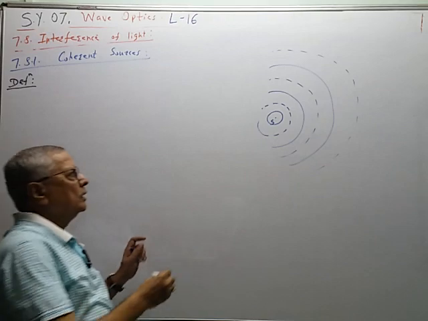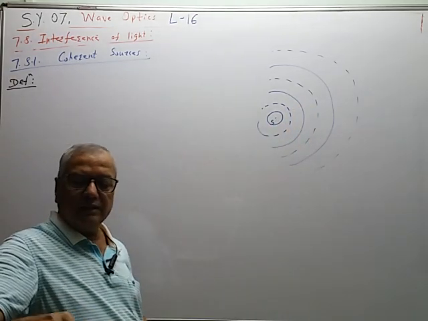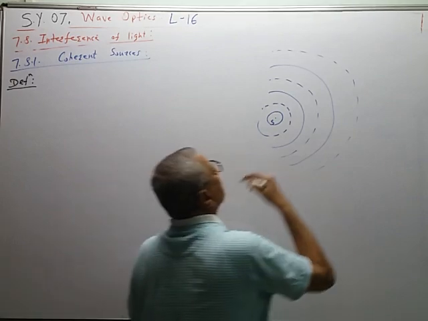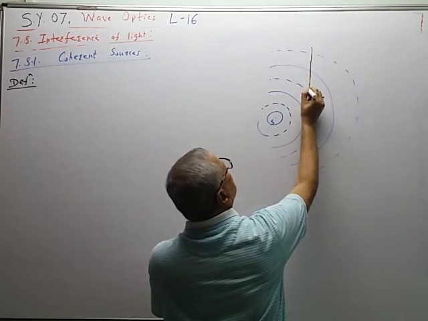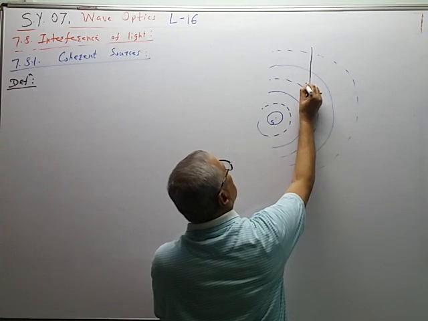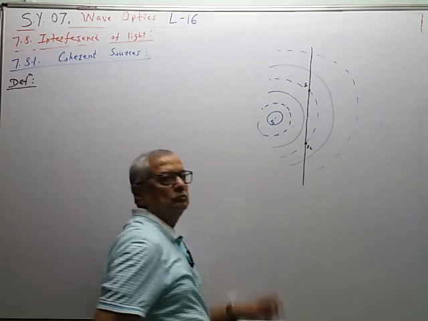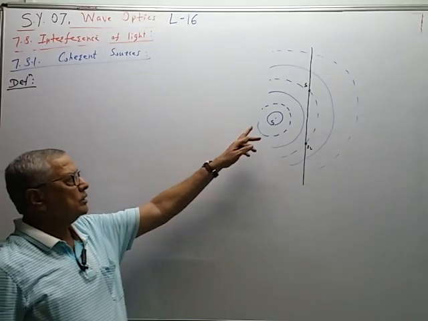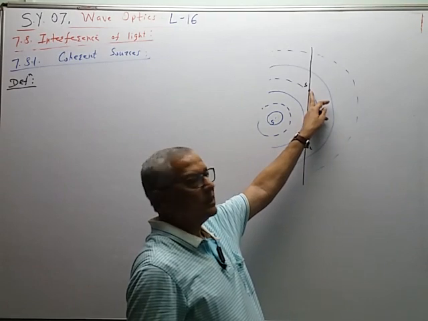Now, if a screen is kept like this, it is having two holes, S1 and another hole, S2. So when the primary waves from S reach S1, it becomes a secondary source.